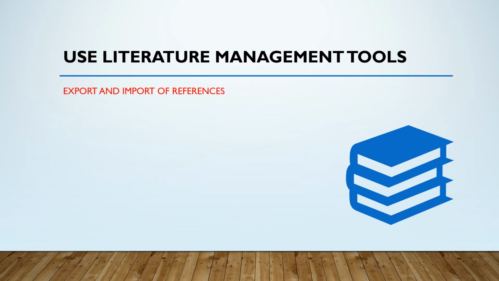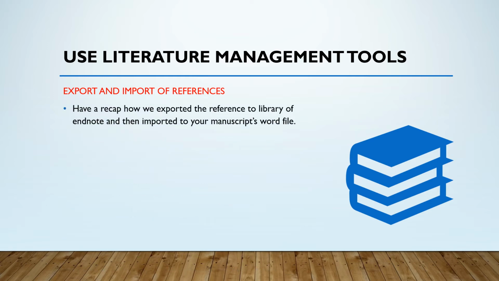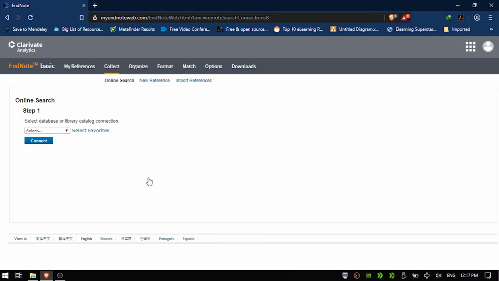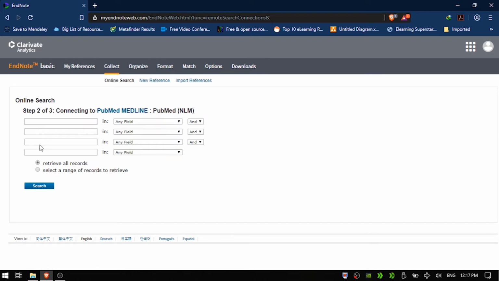Dear learners, let's have a recap of how we exported the references to the library of EndNote and then imported them to your manuscripts. What we did was select a library catalog connection. For example, it may be the British Library, Library of Congress, National Library of Medicine, or PubMed. We selected PubMed and connected to it. We entered keywords in the search bar.